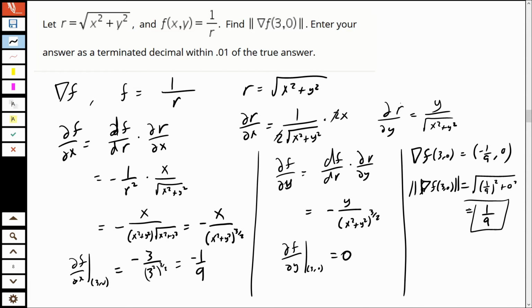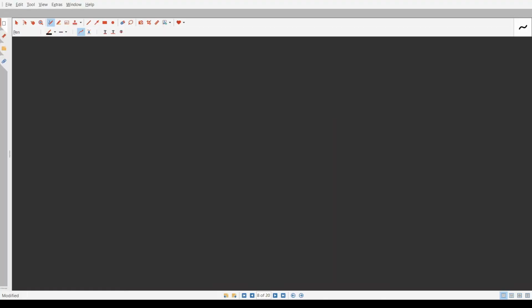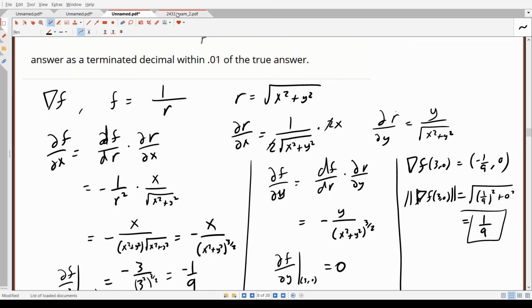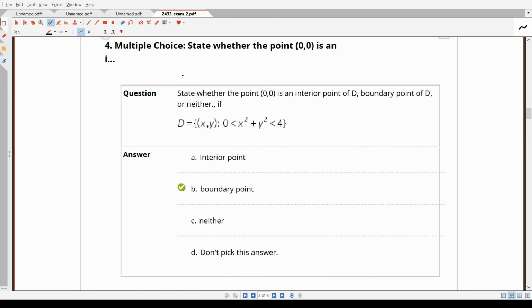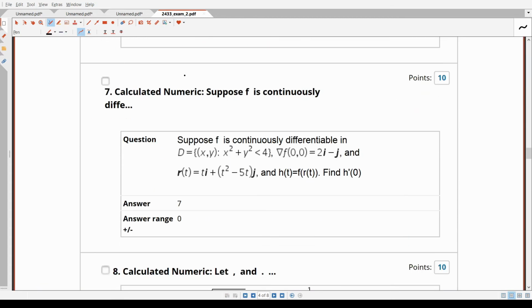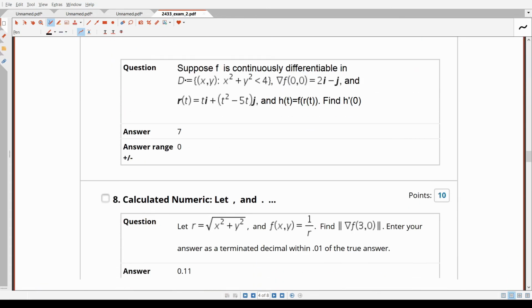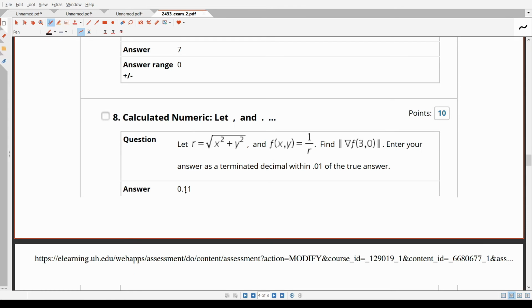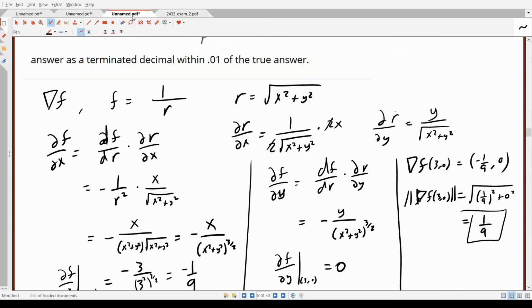Let's see if that's the same answer they have. Yeah, so 1/9, if you plug that into a calculator, you get 0.11111. You round that off to 2 decimal places, you get 0.11.